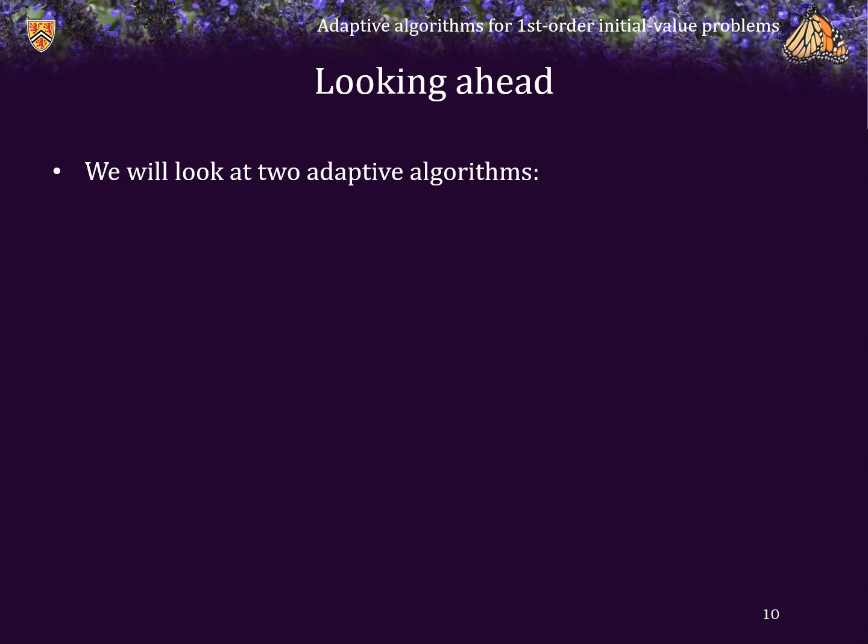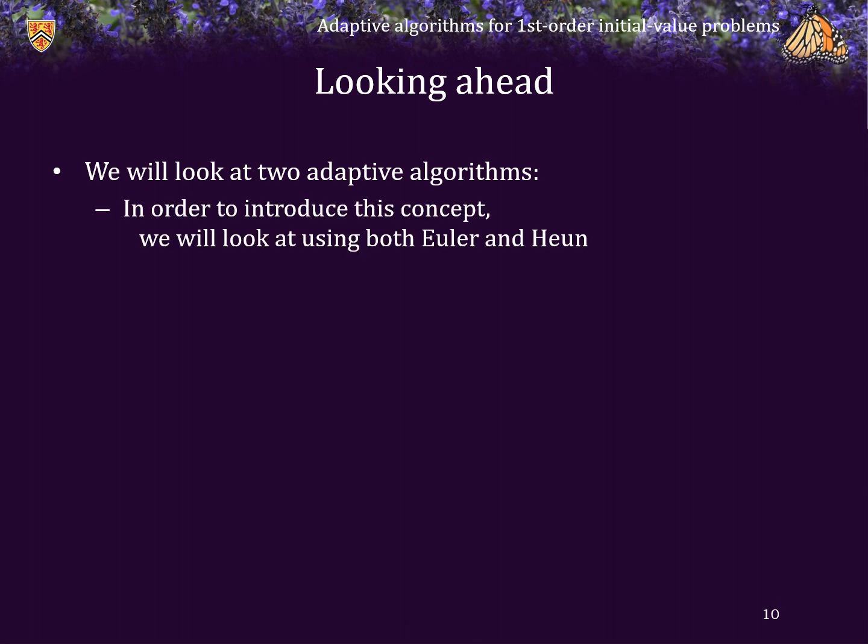Consequently, we will actually look at two adaptive algorithms. In order to introduce this concept and to understand the error analysis, we will begin by using both Euler and Heun. Euler will give us the worse approximation, and we will use Heun's approximation to give us the better approximation, to estimate the error of Euler's method.